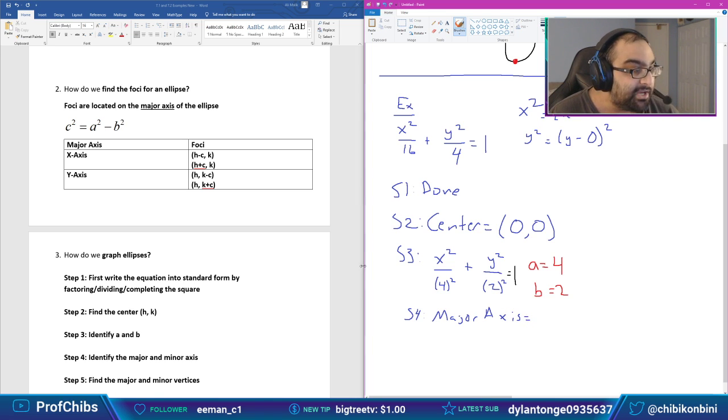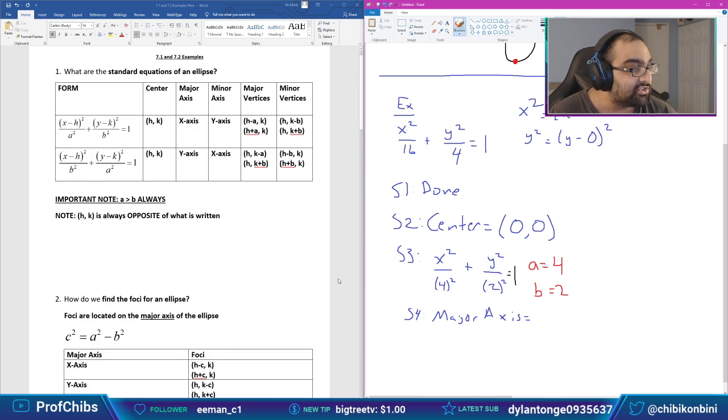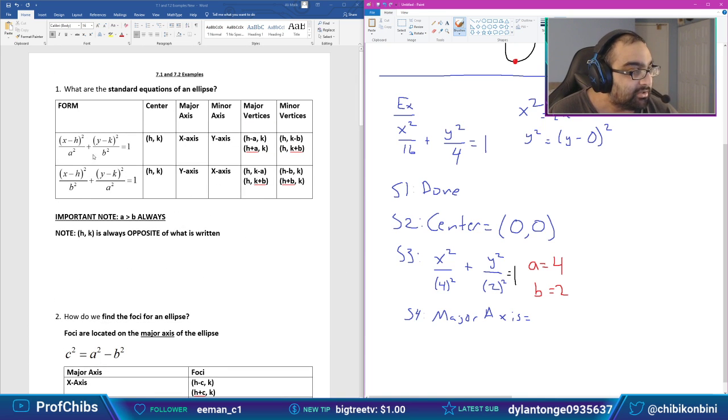So what's the major axis here? The major axis will always be the letter of which A is underneath. Essentially, look for the bigger of the two numbers. Whatever letter that bigger of the two numbers is underneath, that's going to be your major axis. That's the easiest way to think about it.